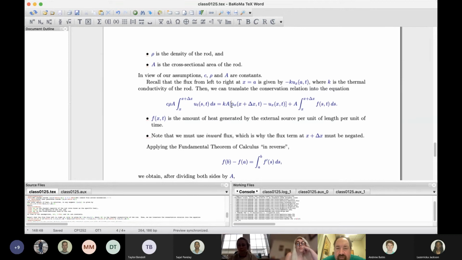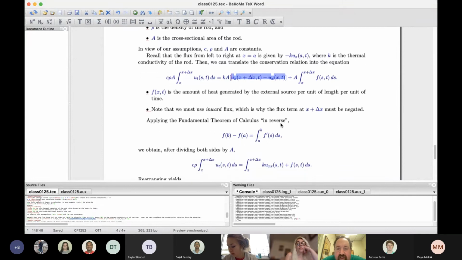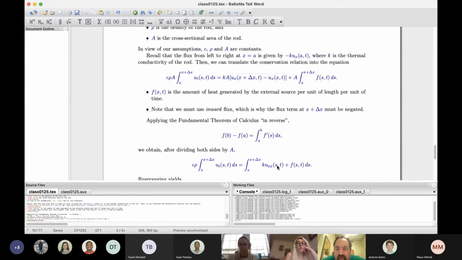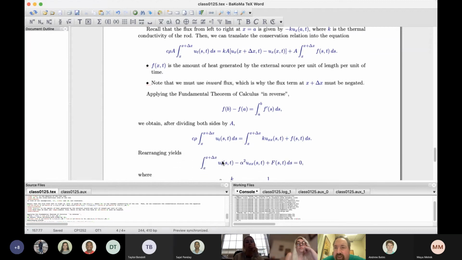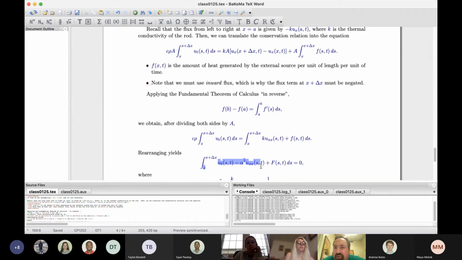This difference is equal to the integral of the derivative of this with respect to x, and that's what gives me this integral here. So now I have everything integrated from x to x plus delta x on both sides, or I could just rearrange, and I have this.